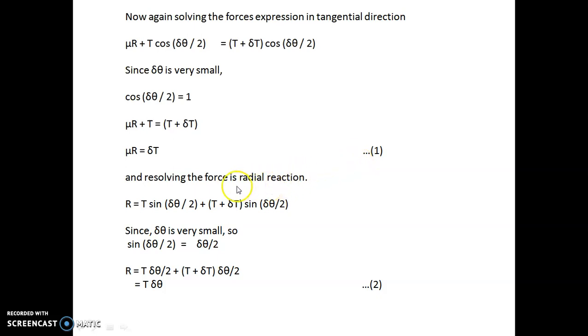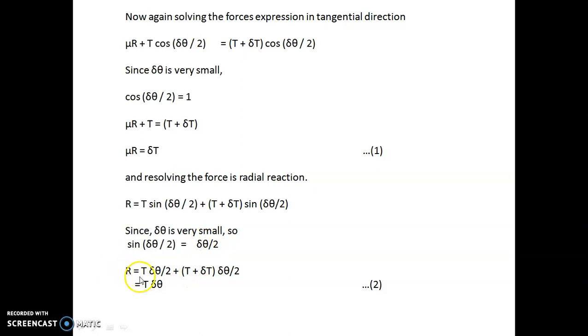Now resolve the forces in radial direction. R is equal to T sin delta theta by 2 plus T plus delta T sin delta theta by 2. Since delta theta is very small, so sin delta theta by 2 will be equal to delta theta by 2.